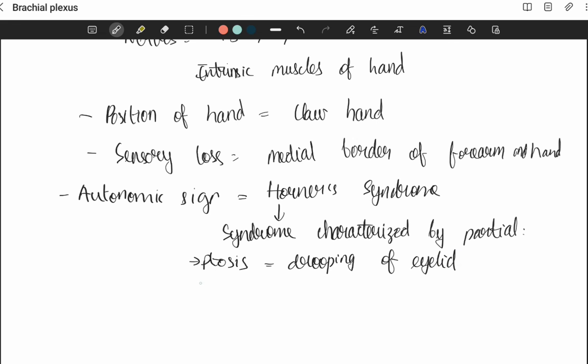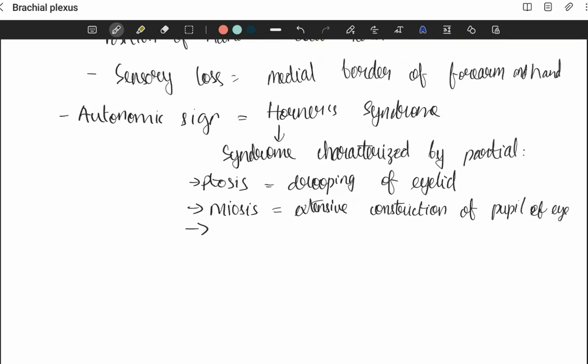Miosis, which is an excessive constriction of the pupil of the eye. Then anhidrosis, inability to sweat normally.